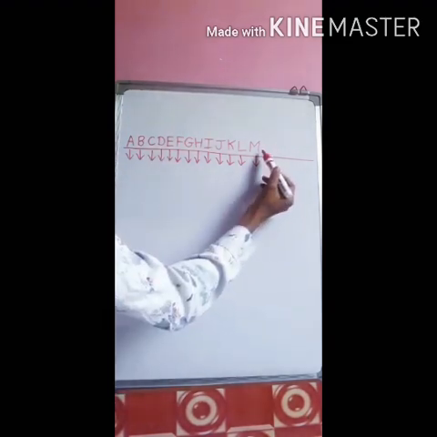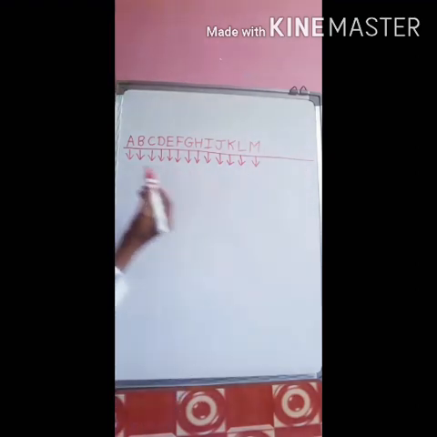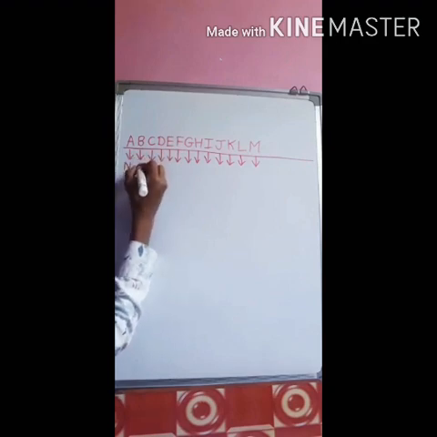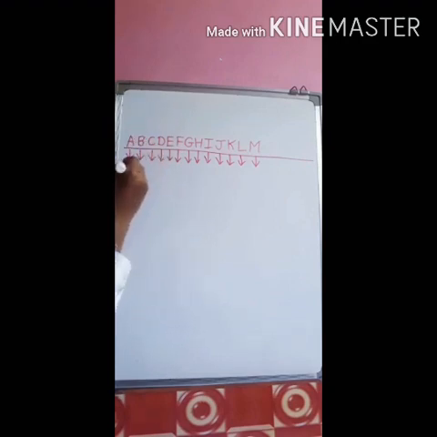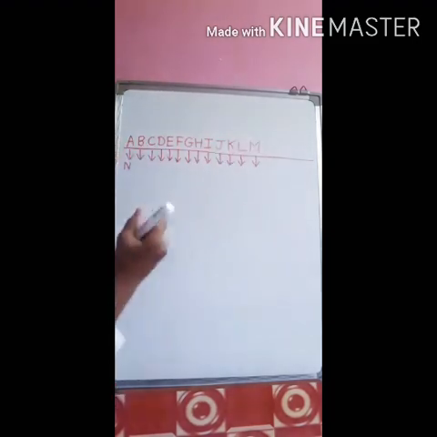Now this is M, the last. After that there will be N. Now we will start N from here. N, then below B there will be O. Every letter should be below the letter only, in a neat form.